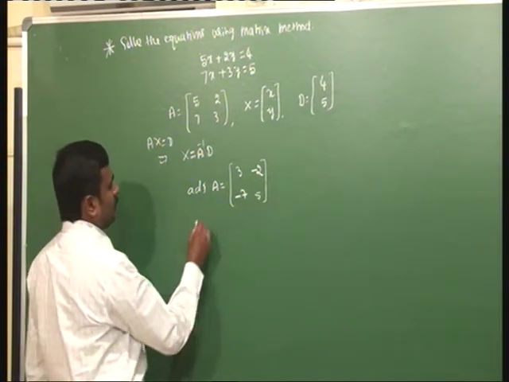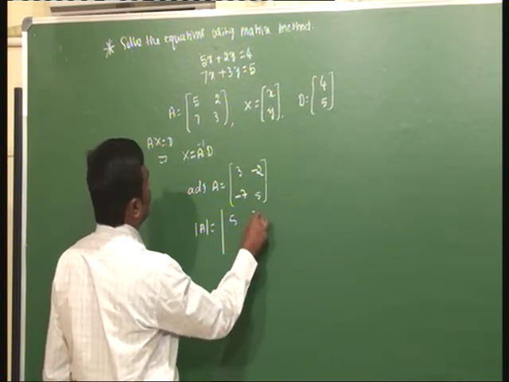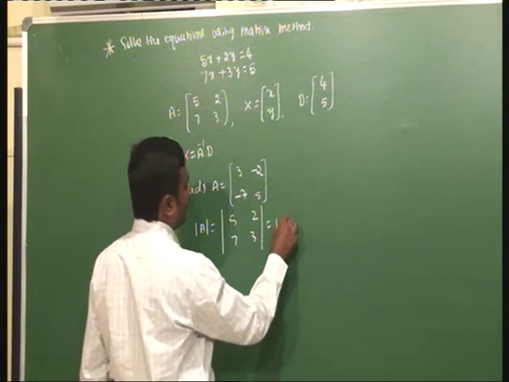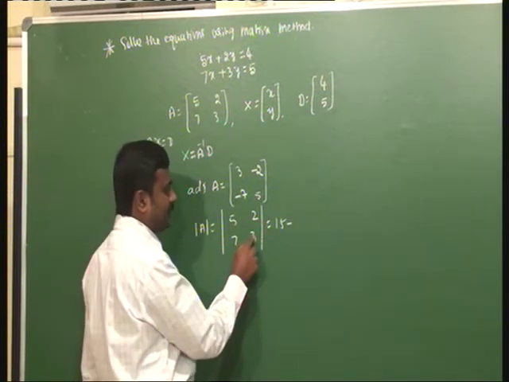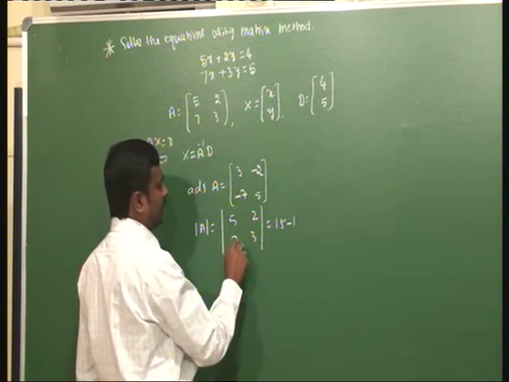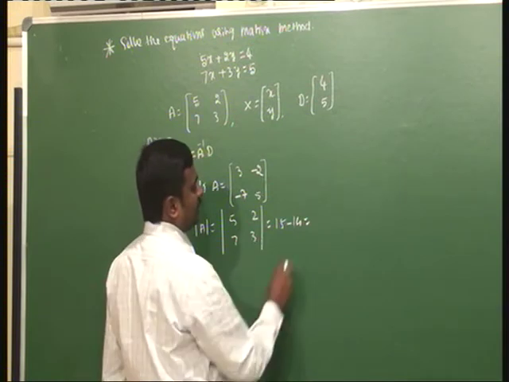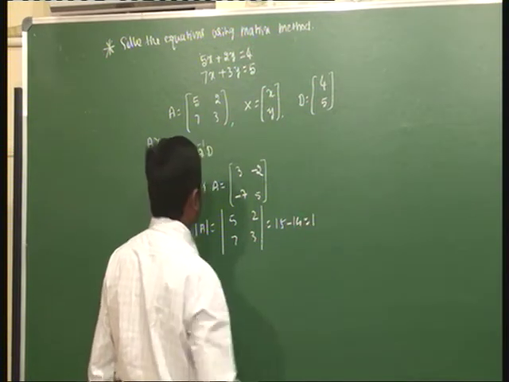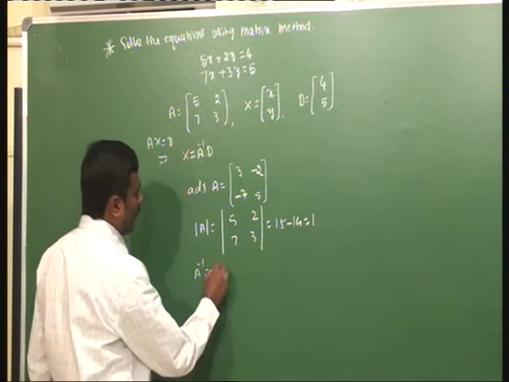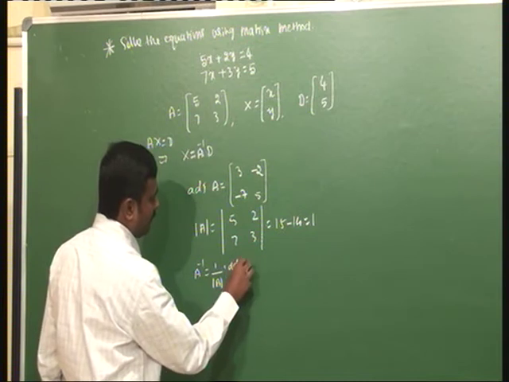Now, determinant A is equal to the determinant of 5, 2, 7, 3. That is 5 3s are 15, the product of the principal diagonal elements, minus the product of the secondary diagonal elements, 2 7s are 14. So 15 minus 14 is equal to 1. Now A inverse is equal to 1 by determinant A into adj A. We know this.